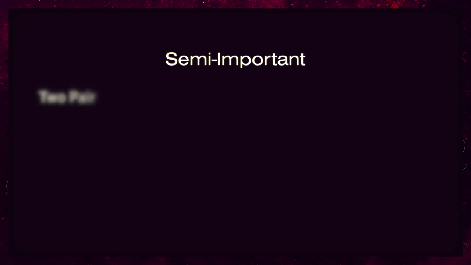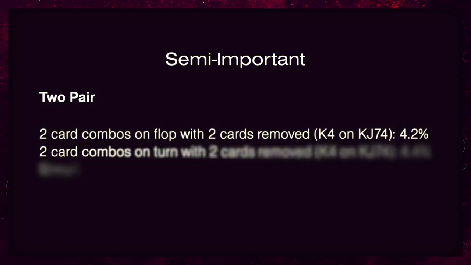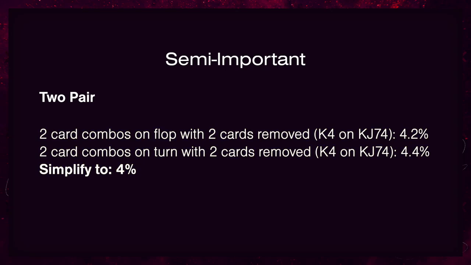For two pair, meaning two pair on the board, so King Jack 7-4, a hand like King-4 individually, you're going to have roughly 4% of the time. It's going to be a little bit higher than that, but I just use 4. Again, I'm trying to make this math easy for myself to do away from the table and at the table. So I just use 4% for each of those. Of course, there's a little bit of overlap, but that's actually why I go to 4 instead of the 4.3% that it is.